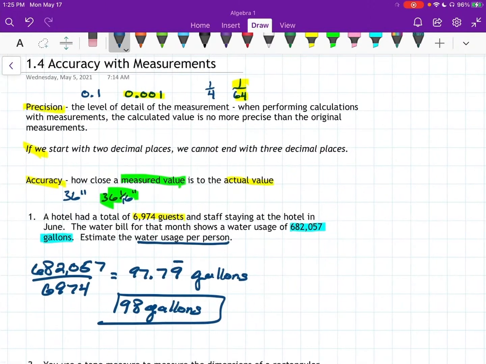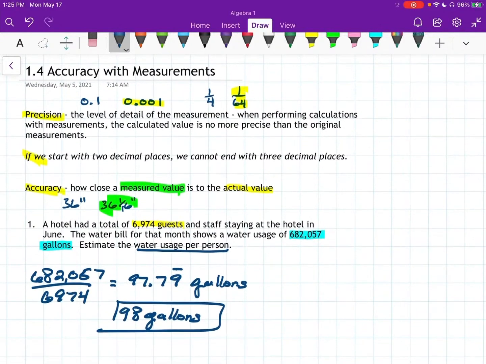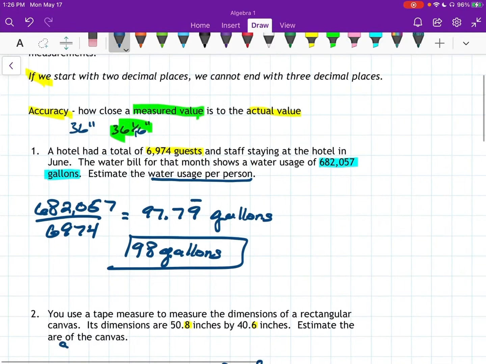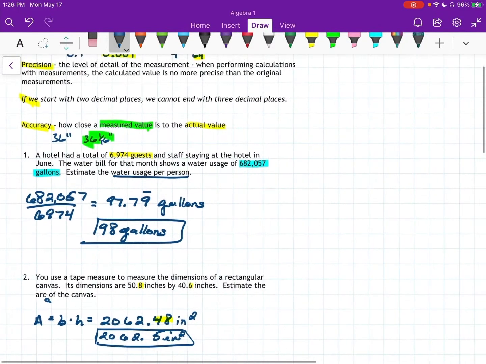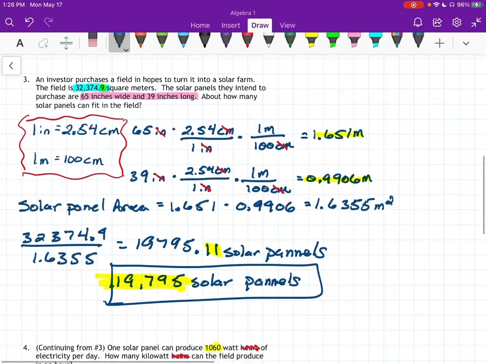But for most of the math that we're going to do on tests, I'm either going to tell you very explicitly what to round to, or it's going to be a very obvious problem, like maybe number 1, like how you know that you're supposed to round to the nearest gallon. So don't think I'm going to try to trick you. I'm not going to do that. Look at the homework and email me if you have any questions. All right, that's all.